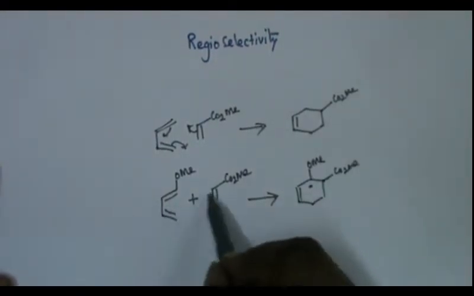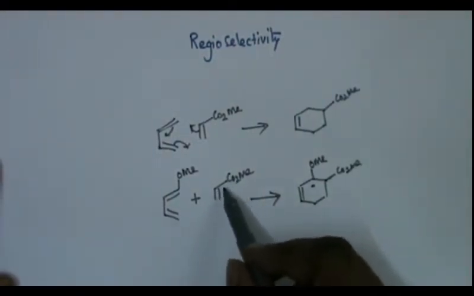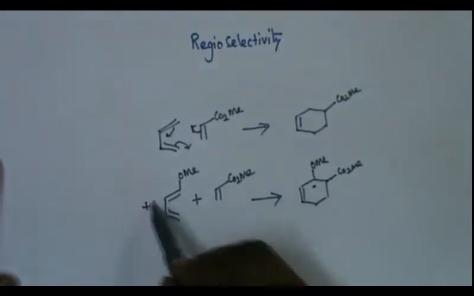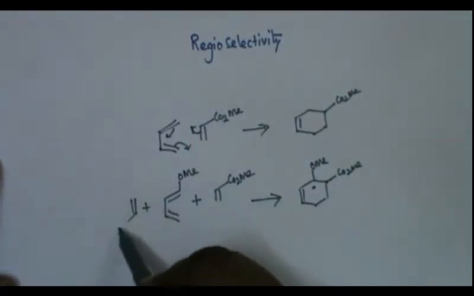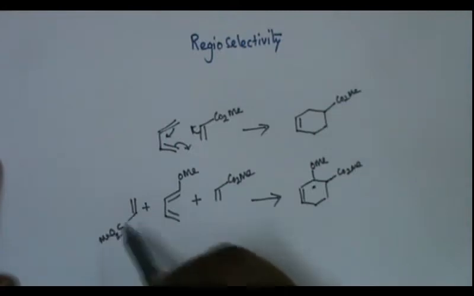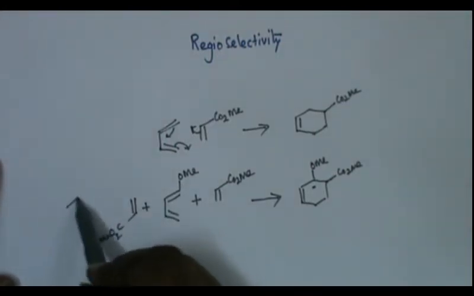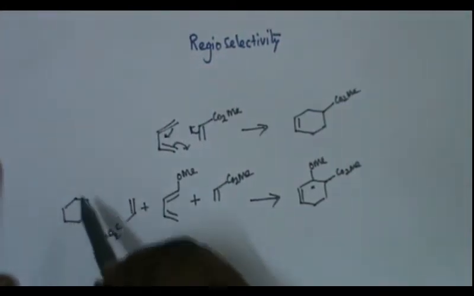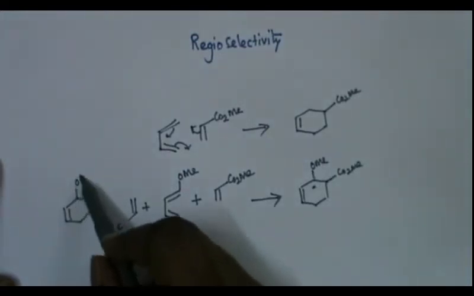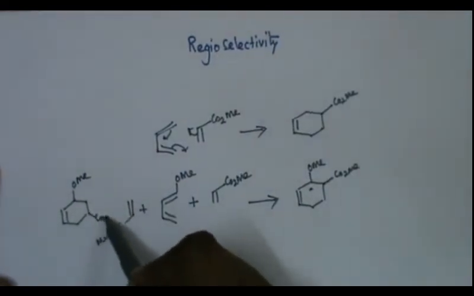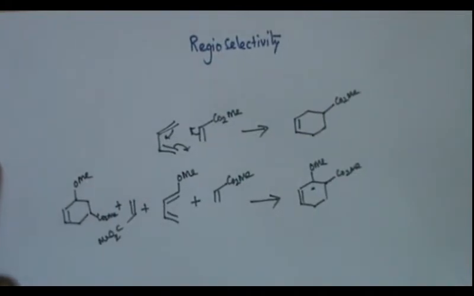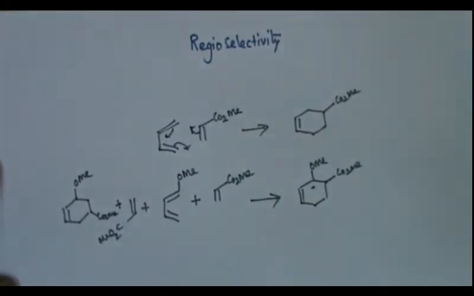Or the same thing, instead of placing the dienophile like this, I can place it like this. I may end up with another product. By just changing the orientation of the dienophile, I get two products. Which one will be formed?